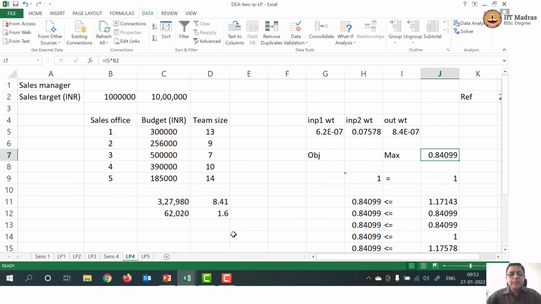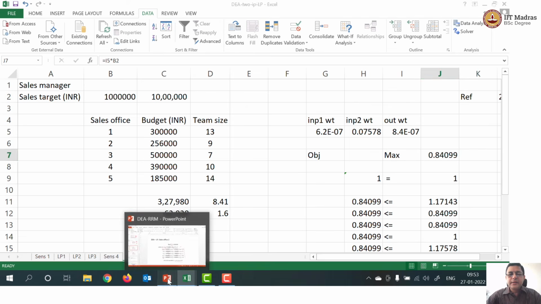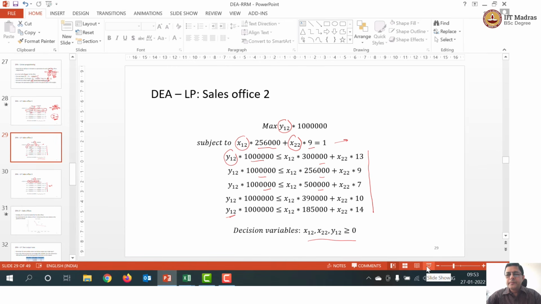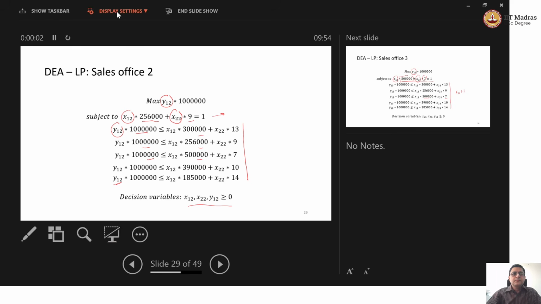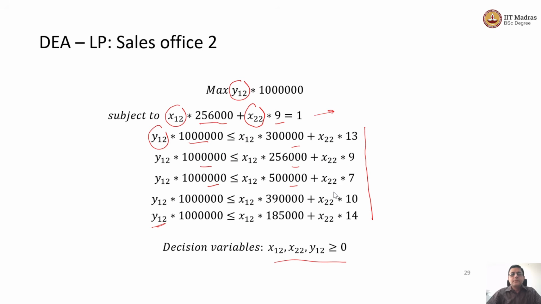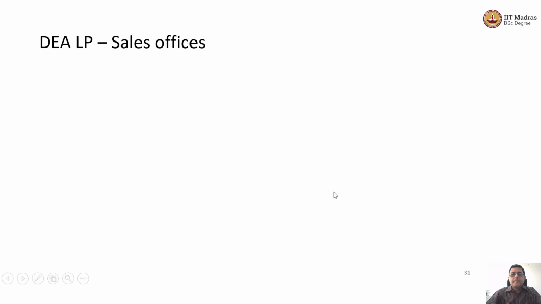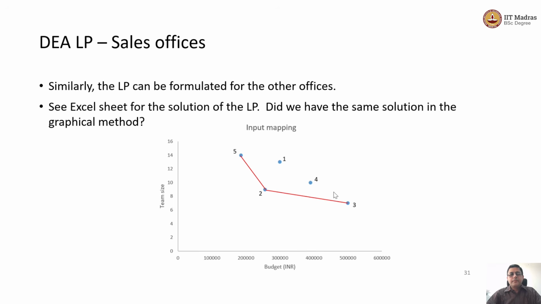Did we conclude the same in our graphical method? Let us go back and check that. This was our output from the graphical method.